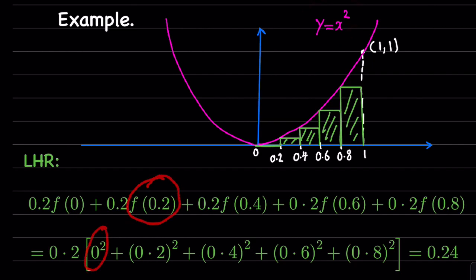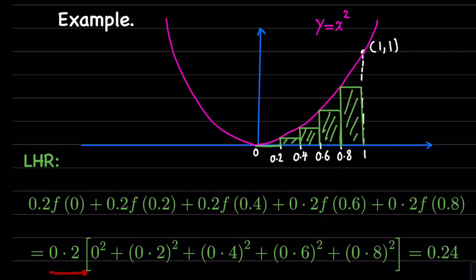Value of the function at 0.2, use 0.2 squared. Value of the function at 0.4 is 0.4 squared. Value of the function at 0.6 is 0.6 squared, and so on.